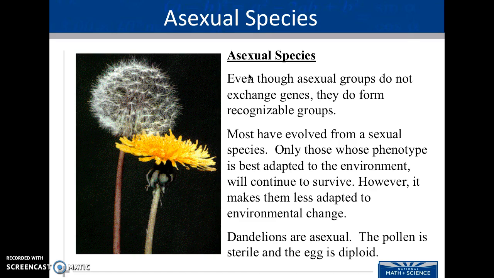Only those whose phenotype is best adapted to the environment will survive, but it does make them less adapted to environmental change. For example, dandelions are asexual, the pollen is sterile, and the eggs are diploid, which means they just have to deposit eggs and they will create more dandelions.